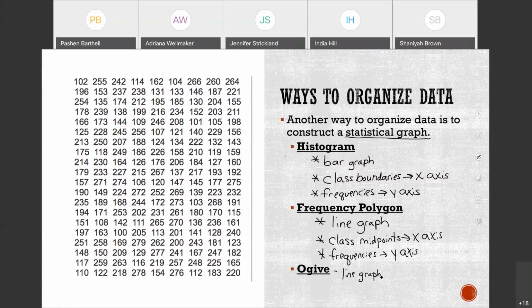On the x-axis, we're going back to the boundaries. And on the y-axis, we're going to do cumulative frequency.